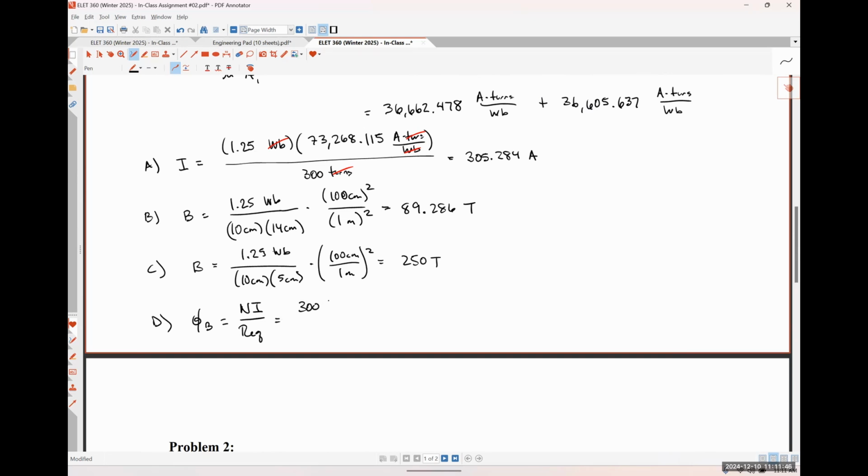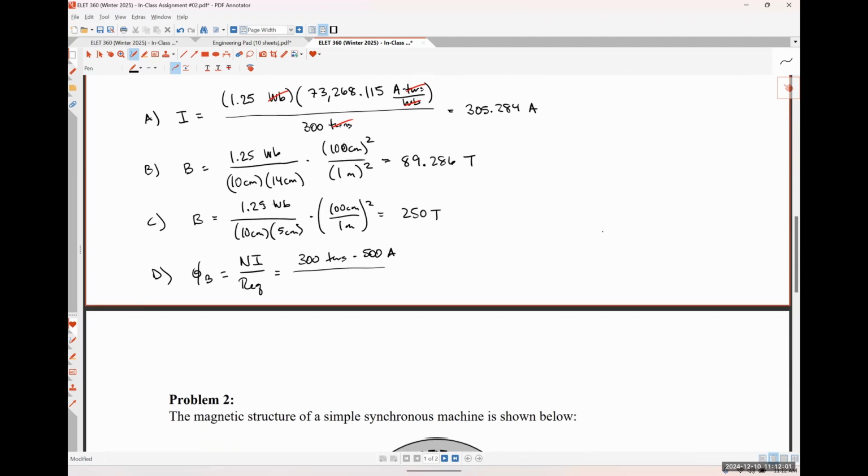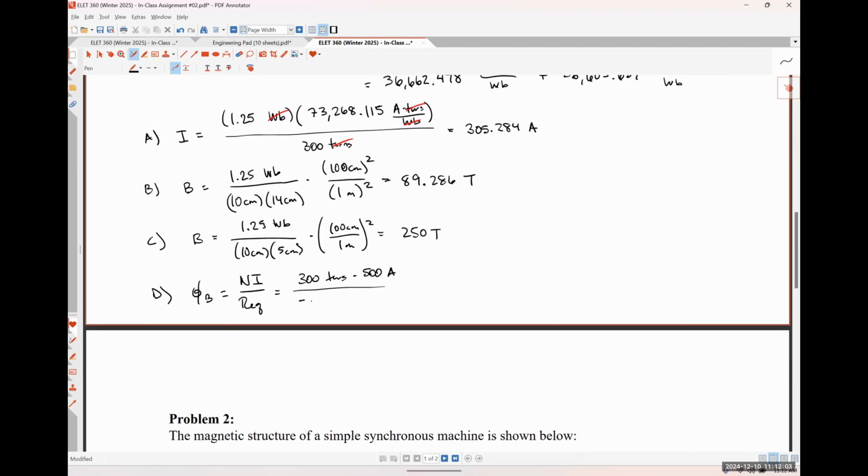So 300 turns times 500 amps, if the coil current is changed to 500 amps, divided by our reluctance of 73,268.115 amp turns per Weber.